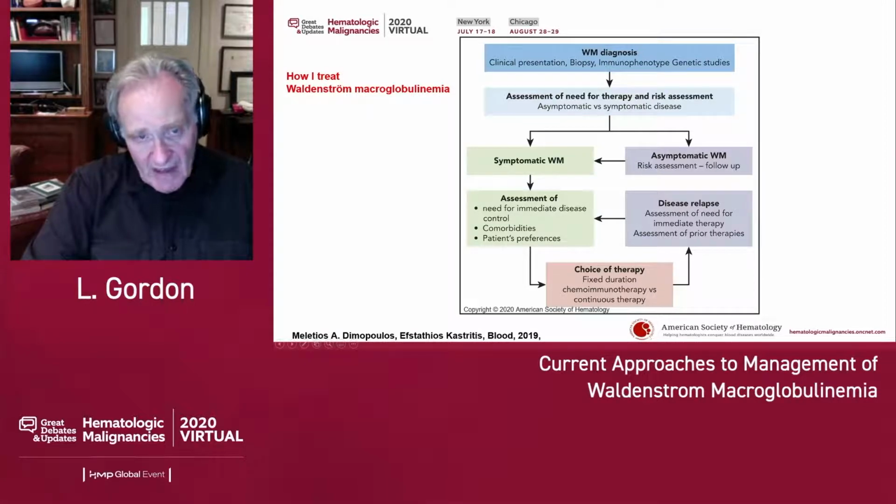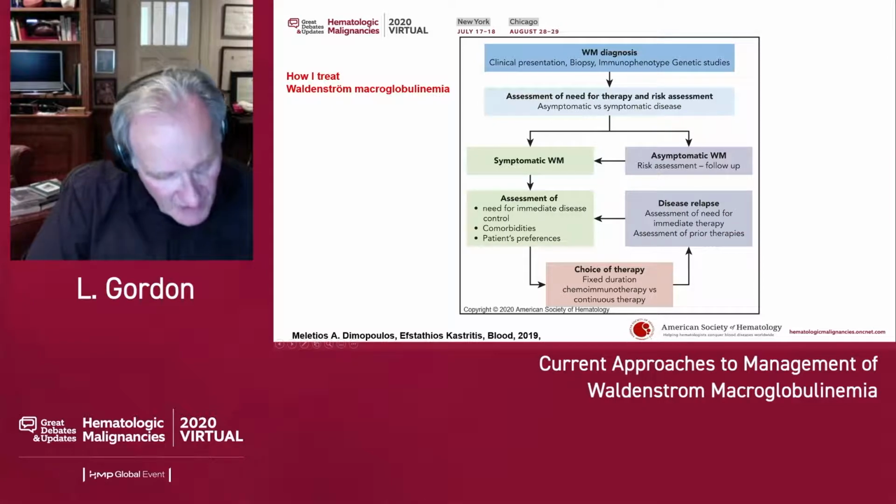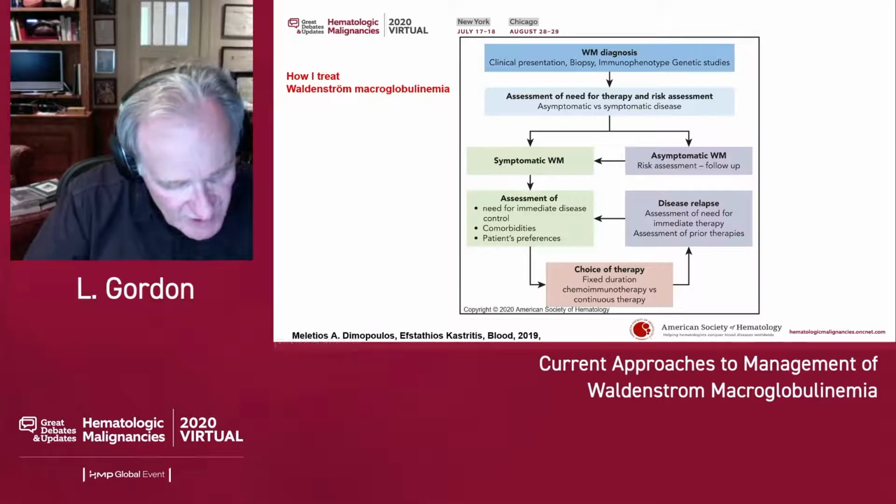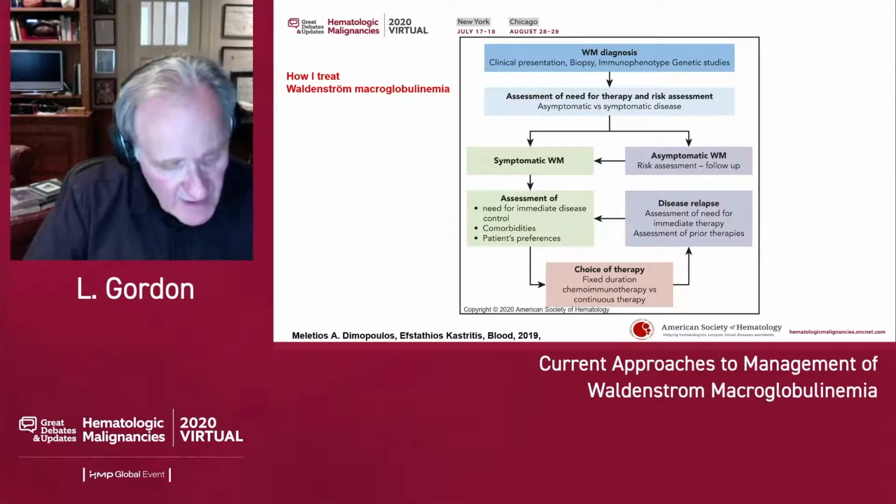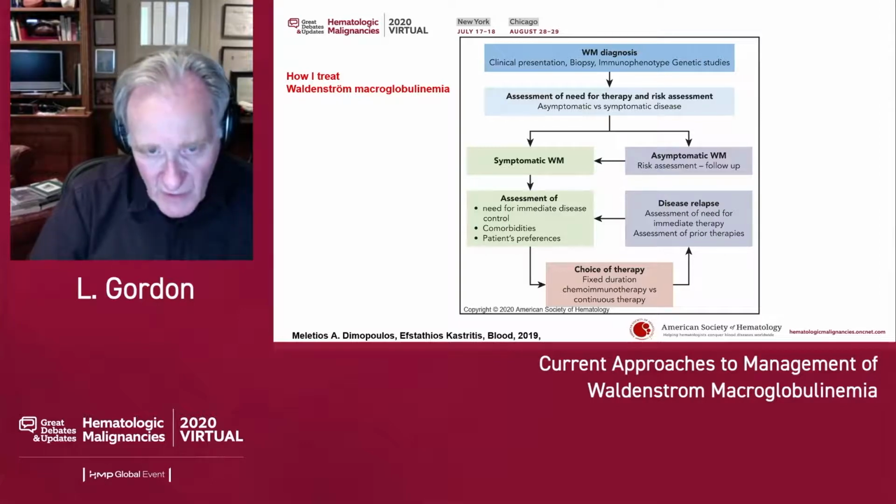Those that are symptomatic, you have to decide about need for immediate treatment, comorbidities, patient's preferences, and then you have to decide on whether you're going to do a fixed duration chemoimmunotherapy versus continued therapy. And I think we don't know the answer to that question yet, but that's what we're going to talk about.